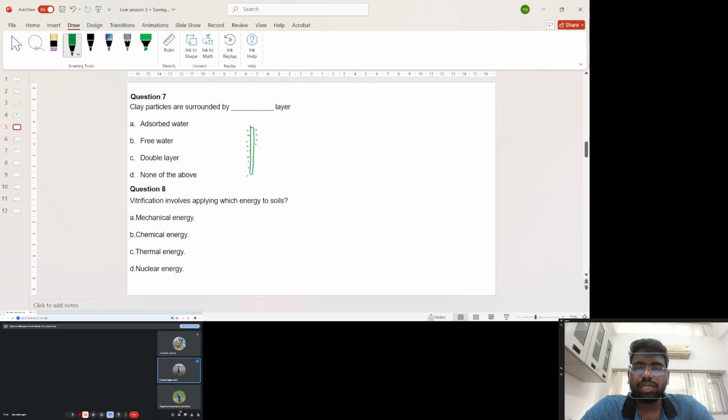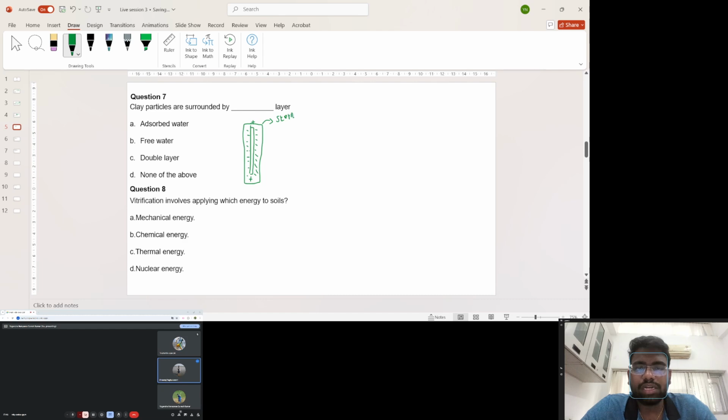So this negative charge, and the ends will be positive charges mostly. So this negative charge attracts the positive ions from the pore solution. So the first layer will be known as sorbed layer or adsorbed layer, or another, more technical name, Stern layer.